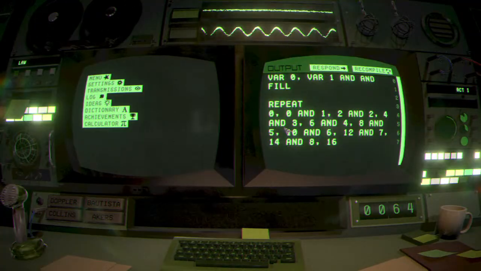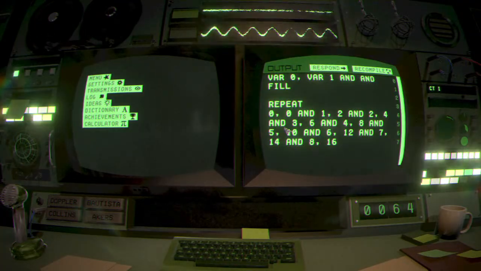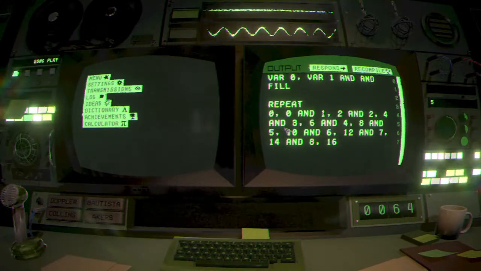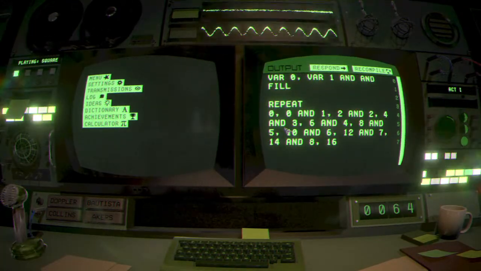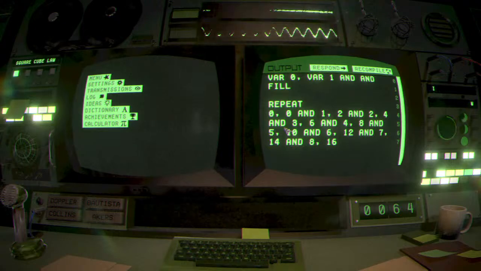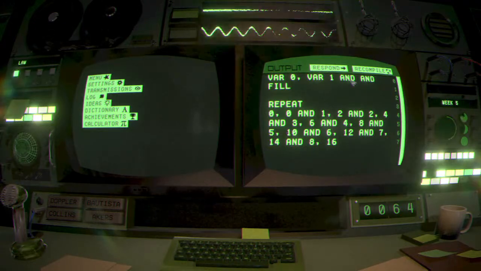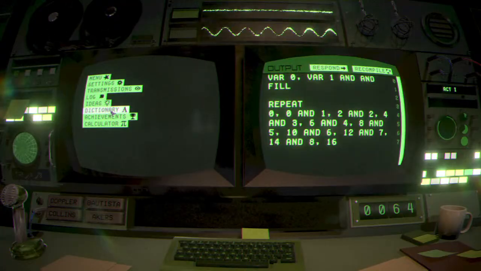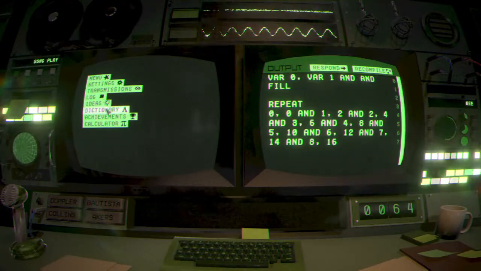So it's 0, 0, 1, 2, 2, 4, 3, 6, 4, 8, 5, 10, 6, 12, 7, 14, 8, 16. So it's basically the same thing as what I just did, but now it's asking me to fill in the other side rather than to write everything out.